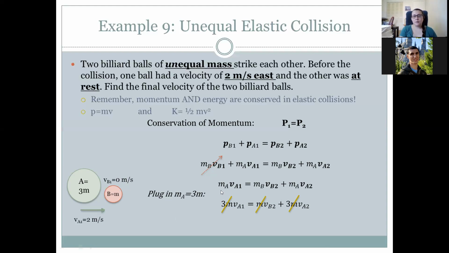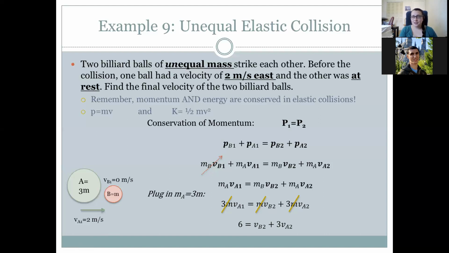We couldn't do that before because we didn't have the ratio of 3 to 1 in our equation until this particular step. Okay, but now our equation is 3 times the initial velocity of A, which is 2. So 3 times 2 is 6, equals velocity of B final plus 3 times velocity of A final.